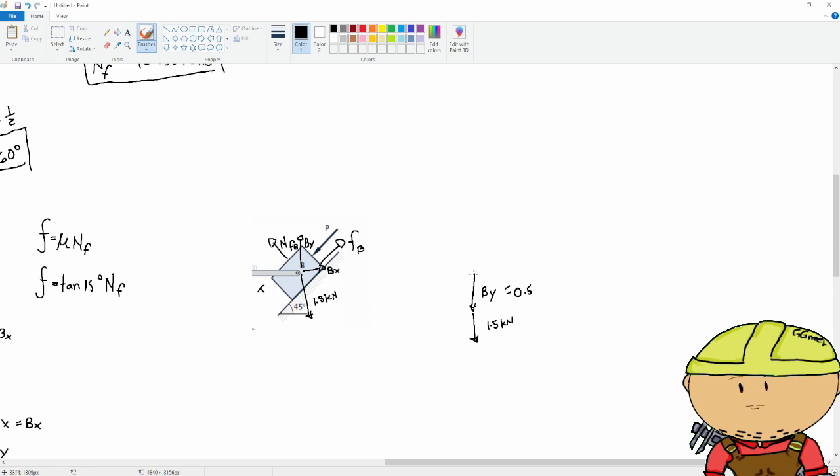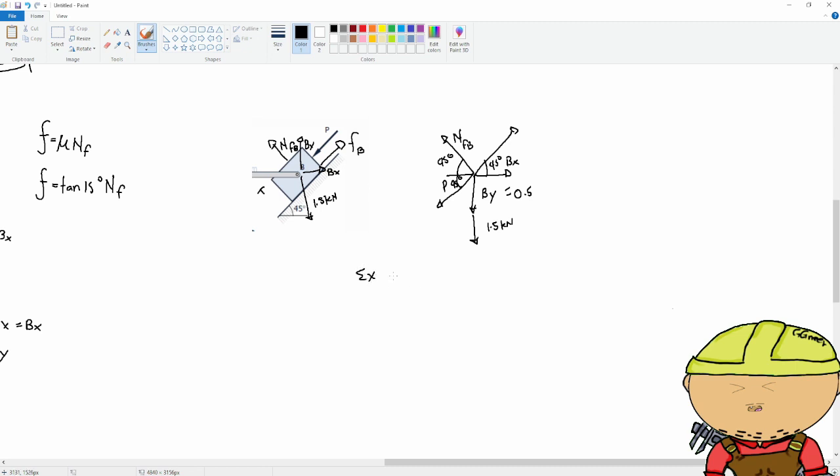BX to the right, NFB to the left at 45 degrees, friction to the right at 45 degrees, P to the left at 45 degrees.